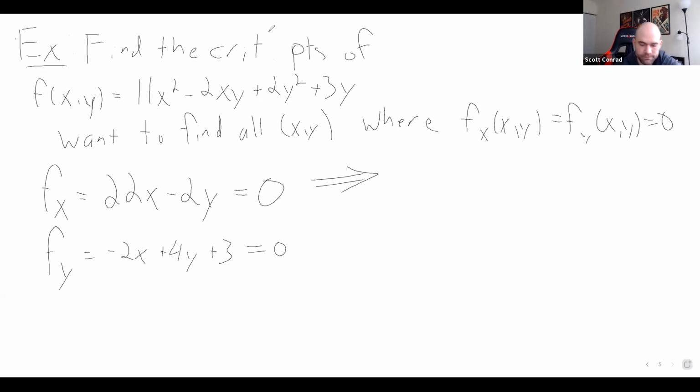So for the first one, 22x minus 2y equals 0. In other words, 22x, bringing 2y over to the other side, is equal to 2y, or dividing both sides by 2 so we can get y by itself, y is equal to 11x.